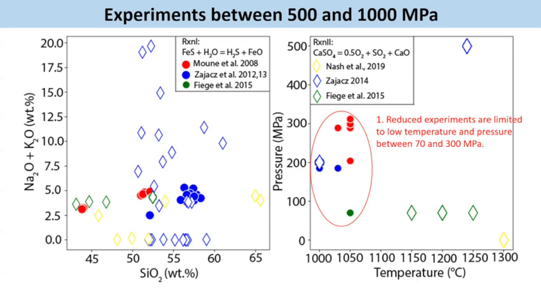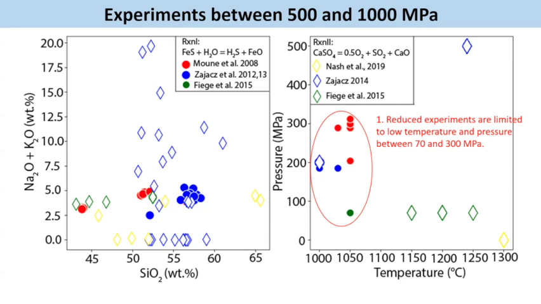Basically, we are assuming that sulfur behaves the same when partitioning into the vapor phase, whether water or CO2 is dominant. So we do need more experiments at higher pressure, and ideally with a mixed fluid of water, CO2, and sulfur to constrain sulfur behavior there.